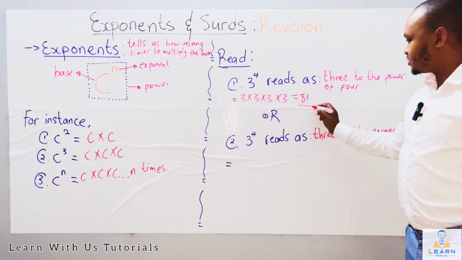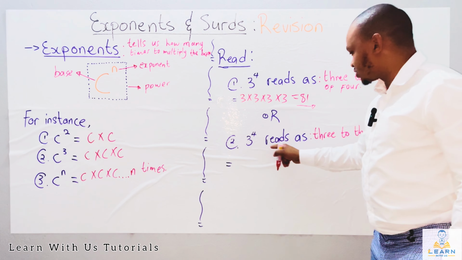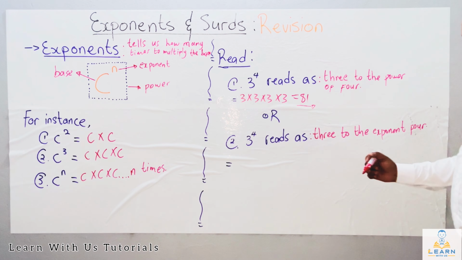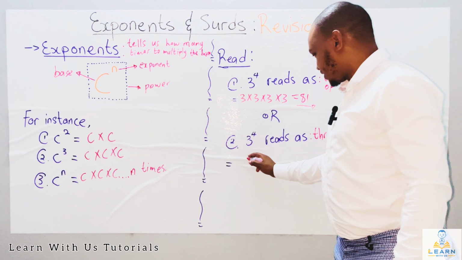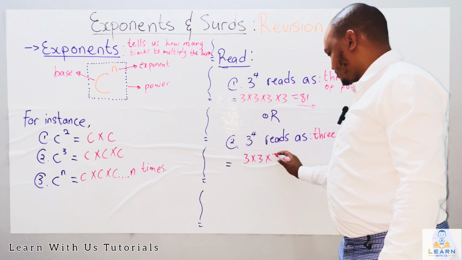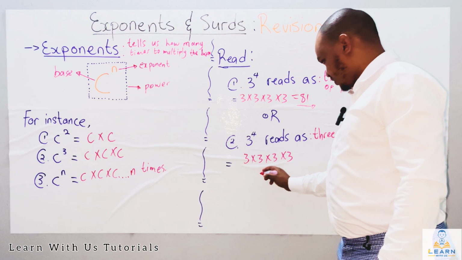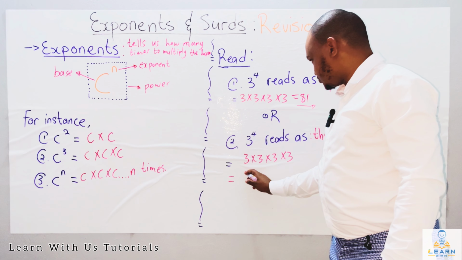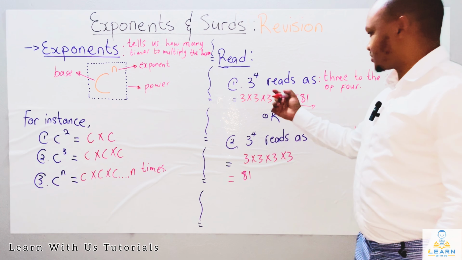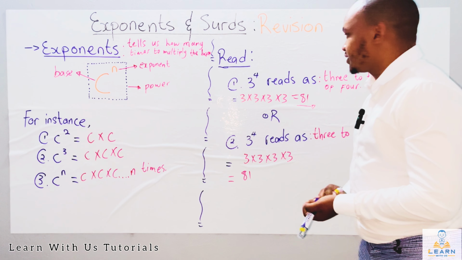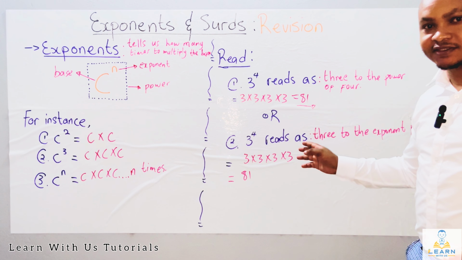That would be our final answer here. And 3 to the power 4 reads as 3 to the exponent of 4. Same thing here: 3 multiplied by 3 multiplied by 3 multiplied by 3, which gives us 81 because it's the same sign. Hope this makes sense.